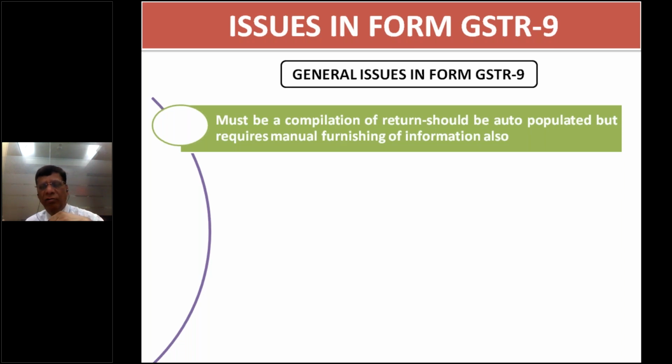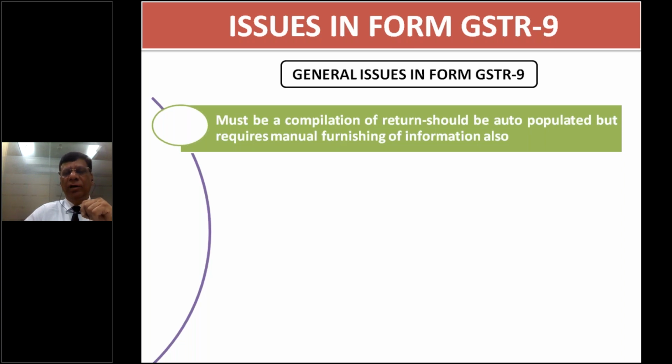Same way in Form GSTR 1, although there are 13 tables, tables 1, 2, 3 once again contain basic details, and table 8 contains information relating to exempt supplies, 9 and 10 relating to adjustments, 11 advances, 12 HSN, 13 details of documents.